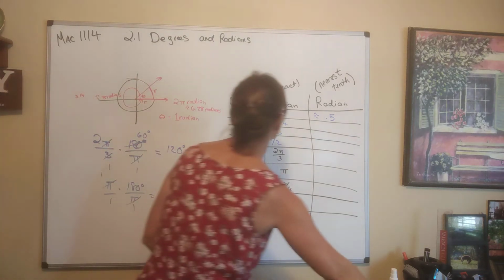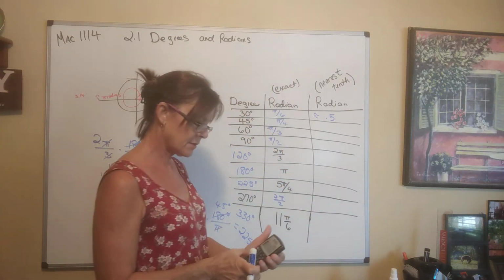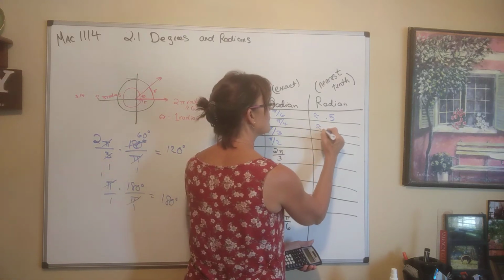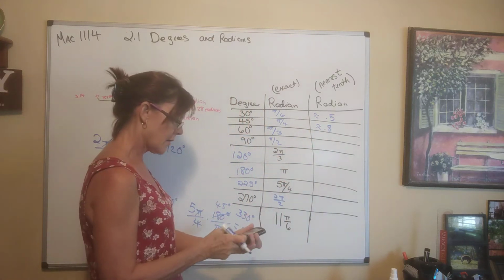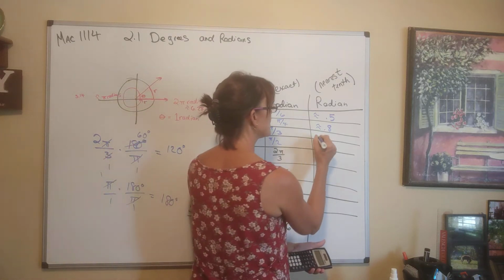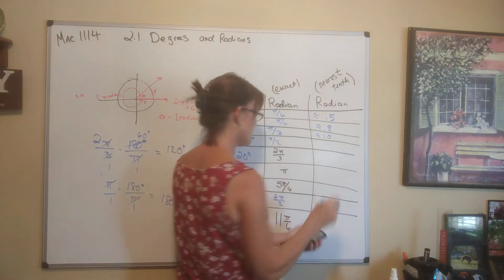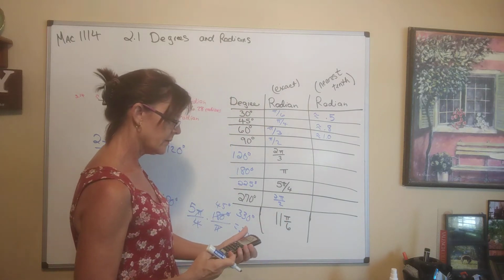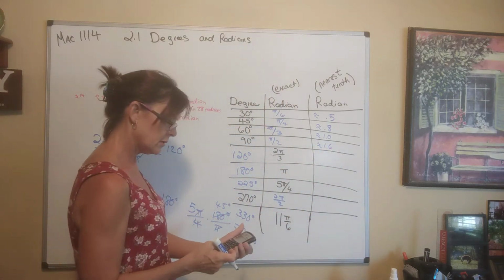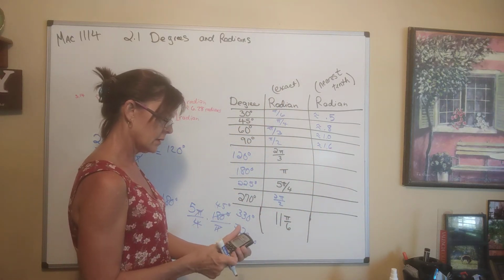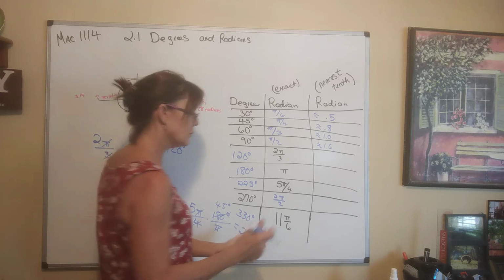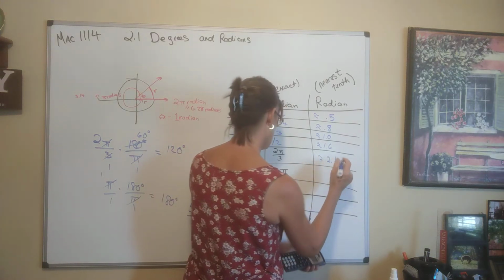You could go through here and say pi over 4. Let's do that. Pi over 4 gives us 0.78, so that's going to be about 0.8 radians. Pi divided by 3 will give us 1.047, or about 1.0. Pi divided by 2 is 1.57, or 1.6. 2 times pi divided by 3 will give us 2.09, or about 2.1.